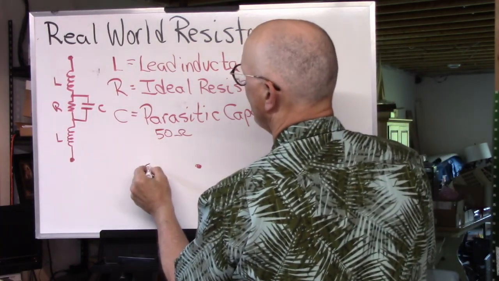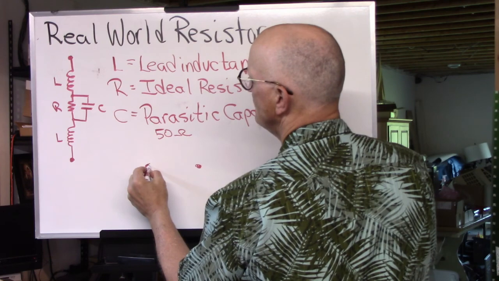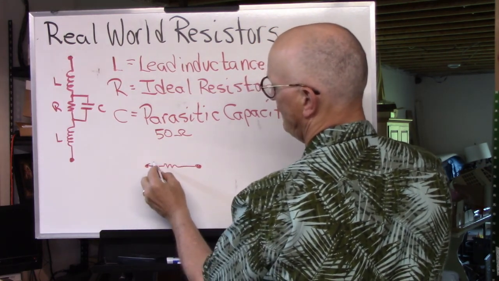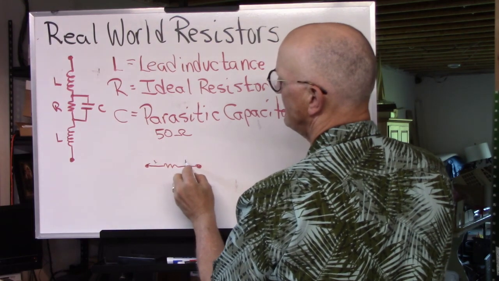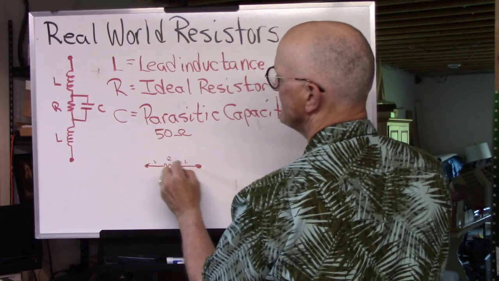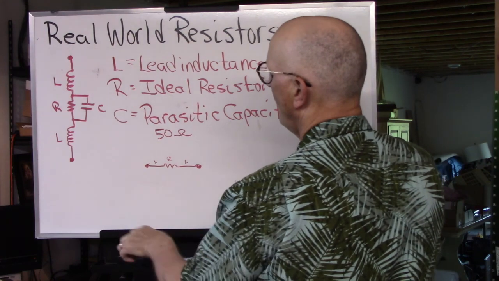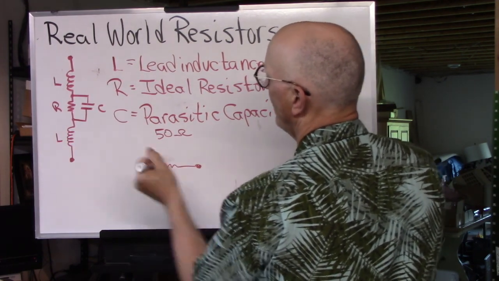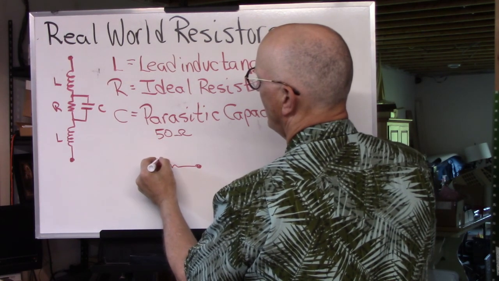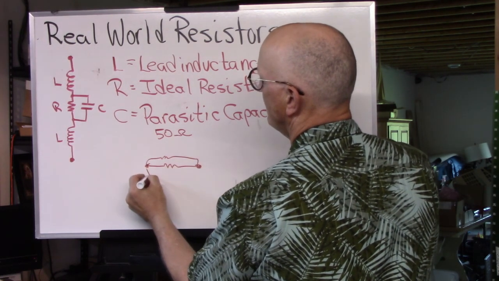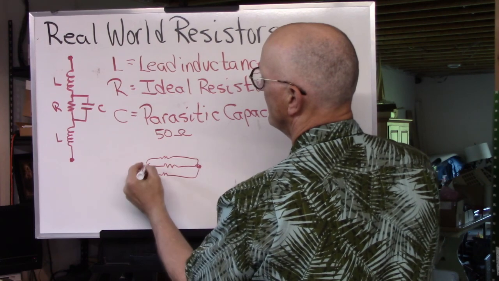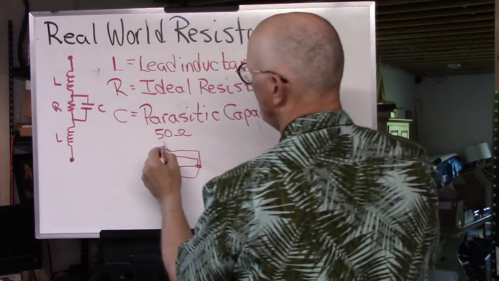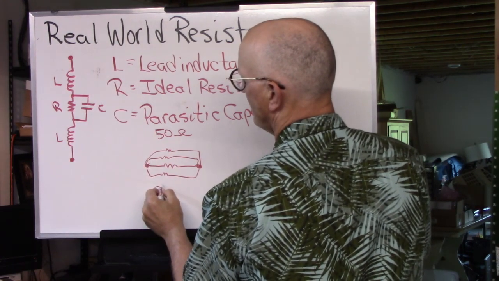Well, what if instead of using a single 50 ohm resistor, giving you the inductance of this lead and inductance of this lead and the resistance of the resistor, what if we did one of these? Now we have 4 200 ohm resistors.